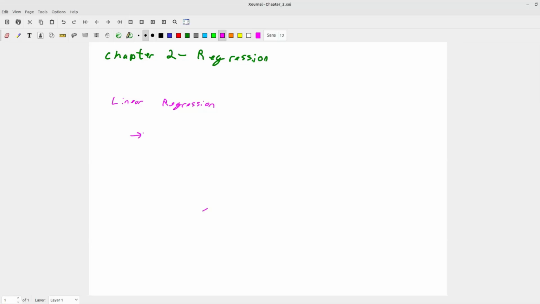We're going to do it in a closed form solution, and we're going to do it with an iterative optimization technique, which is called gradient descent.